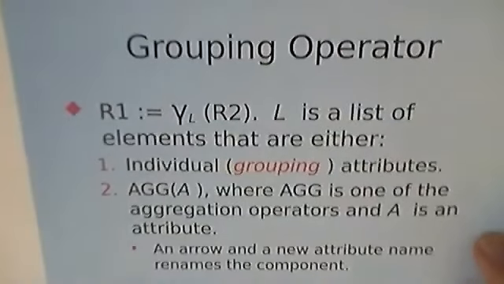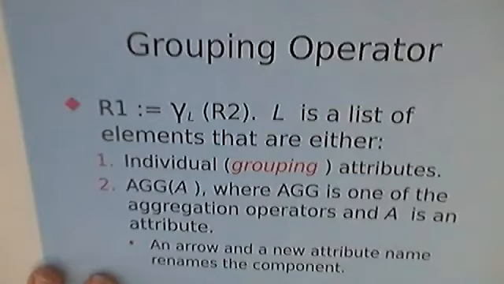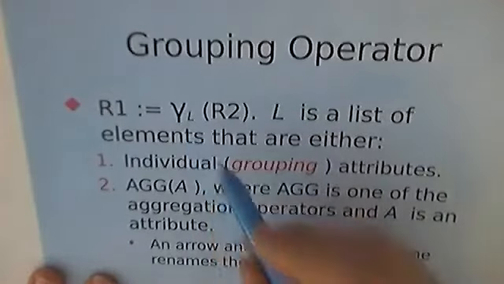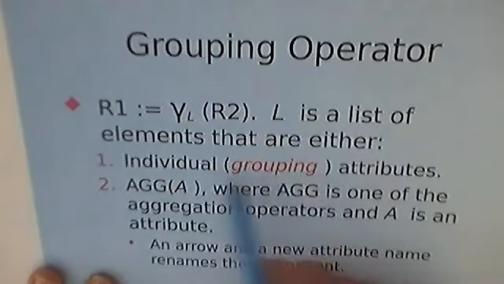But when we get to the relational algebra, what we have is basically this grouping operator. What the grouping operator does is specify a list of attributes, and that list is either an individual attribute, which is what's being grouped on, or it's the aggregate function.